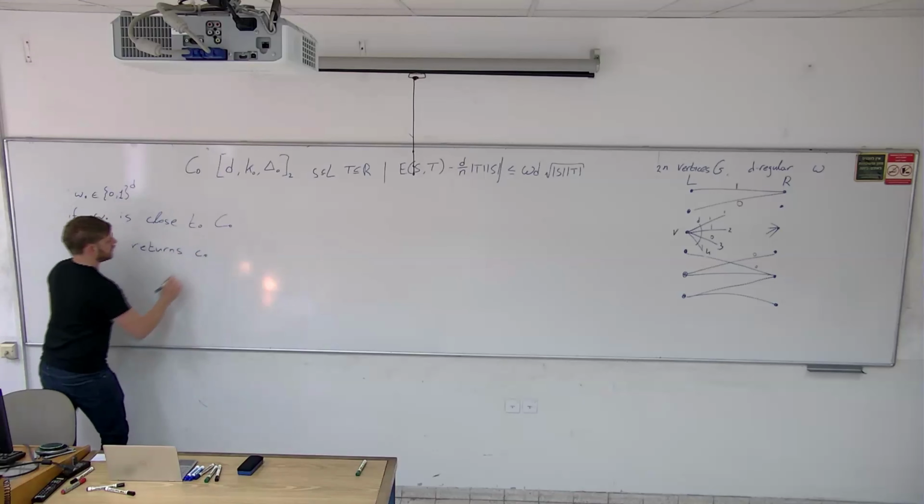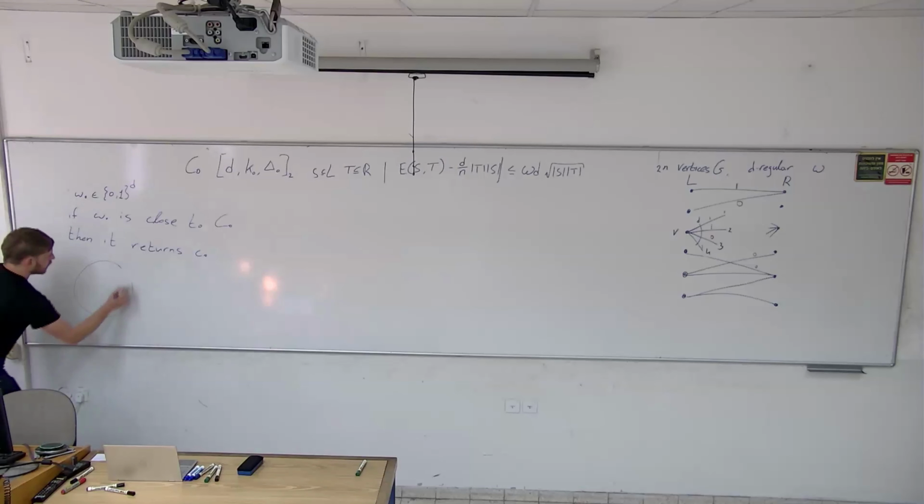Let's call it C0, and let us draw an example. So this is C0, and these are the code words. My algorithm has a guarantee that if I get a word W0 near one of its code words, then the algorithm corrects it.